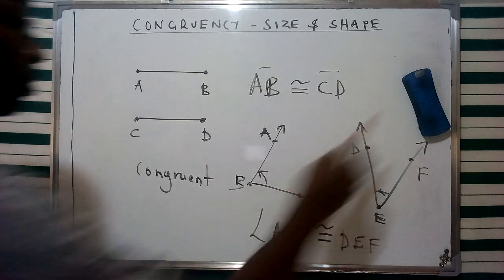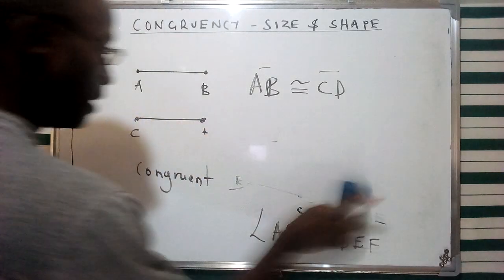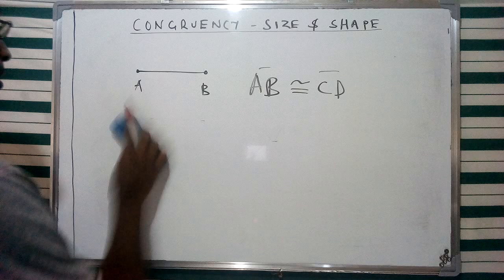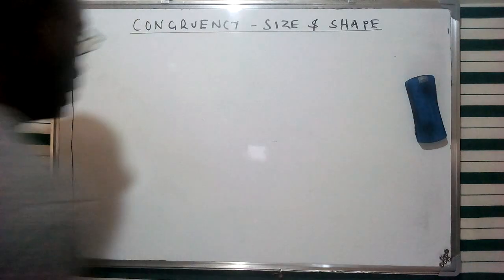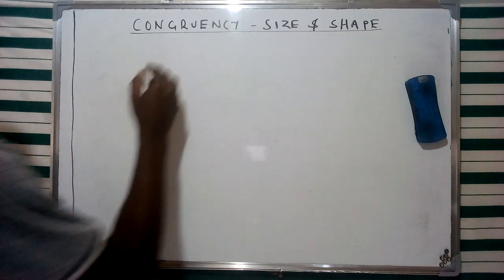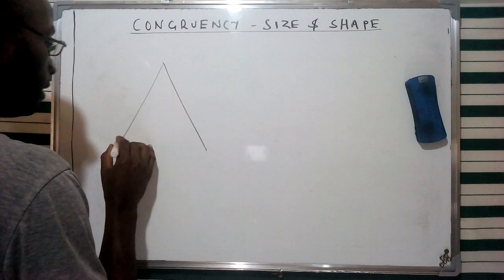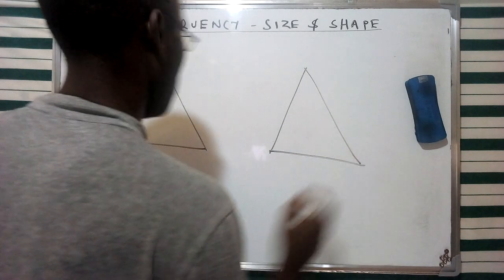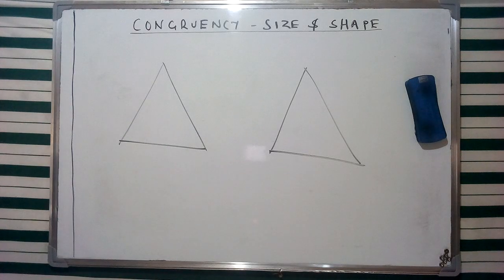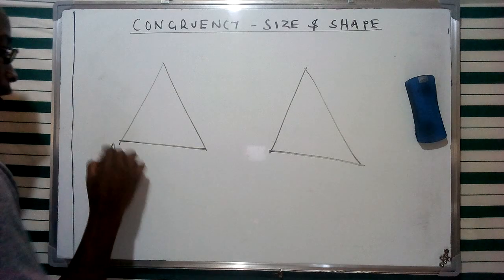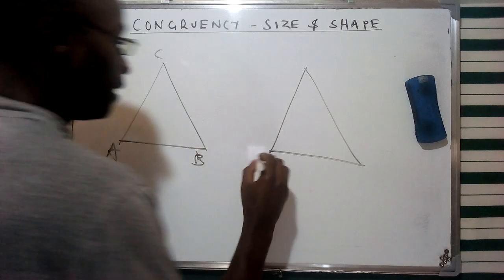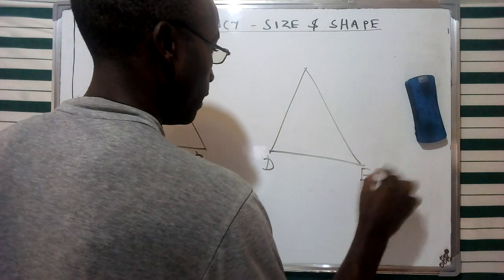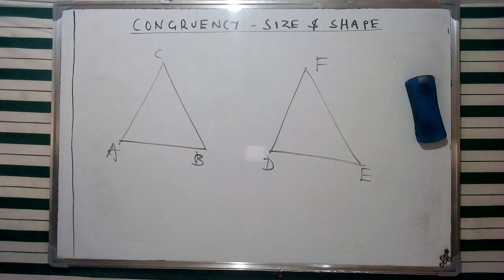And lastly, we can describe a regular figure like a triangle and say that they are congruent. Let's have this triangle and another triangle, so we have triangle ABC and triangle DEF.